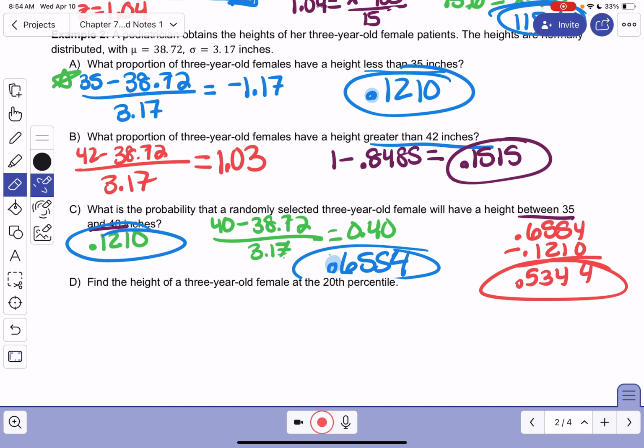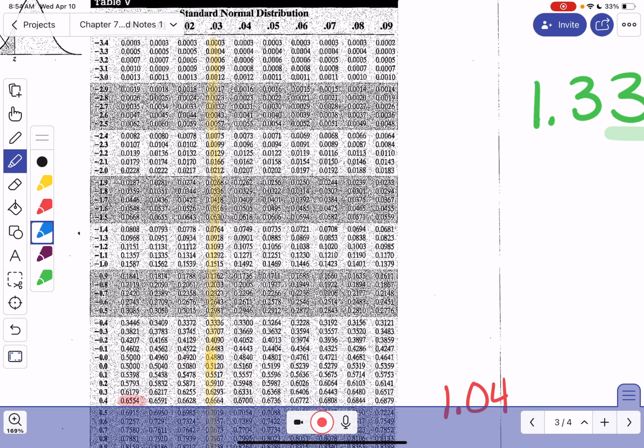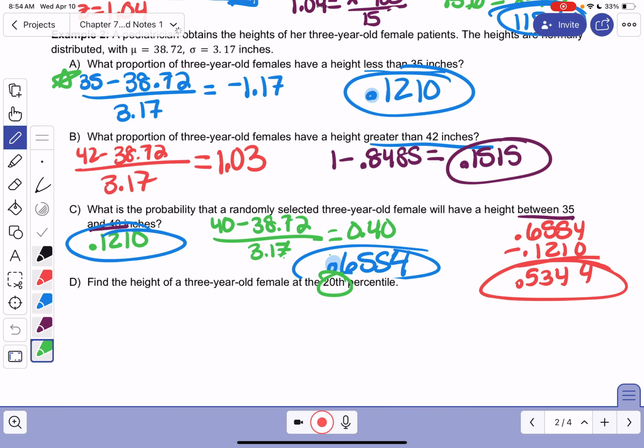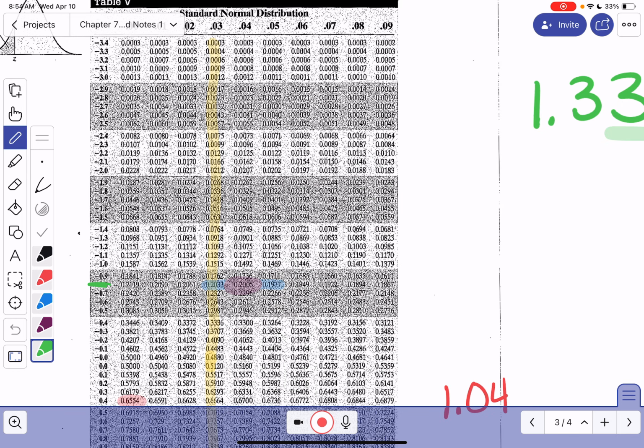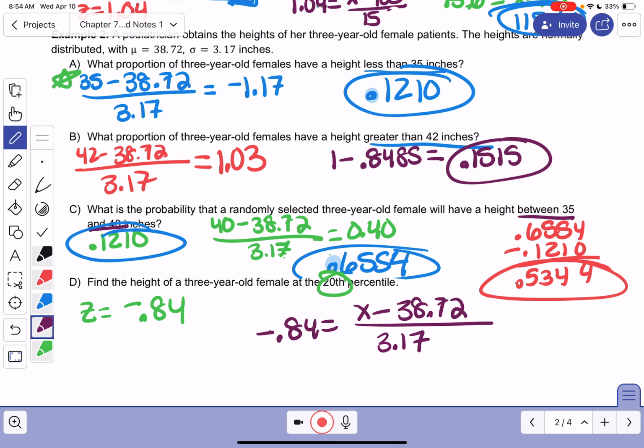And then the last question on this is find the height of a 3-year-old at the 20th percentile. So we want to find as close to 0.20 as we can. So this one's the closest, 0.2005, which means our z-score is negative 0.84. So z equals negative 0.84, and then we plug that in. x minus 38.72 over 3.17.